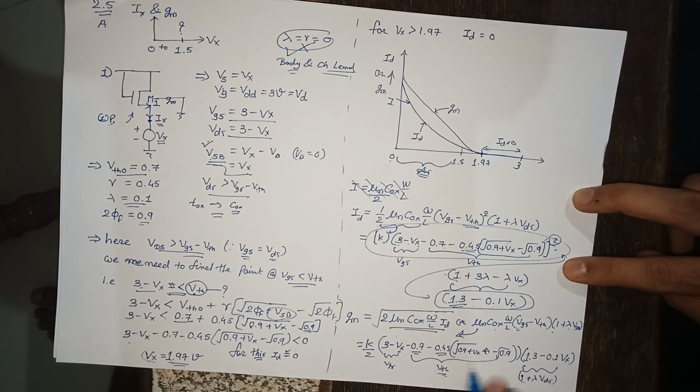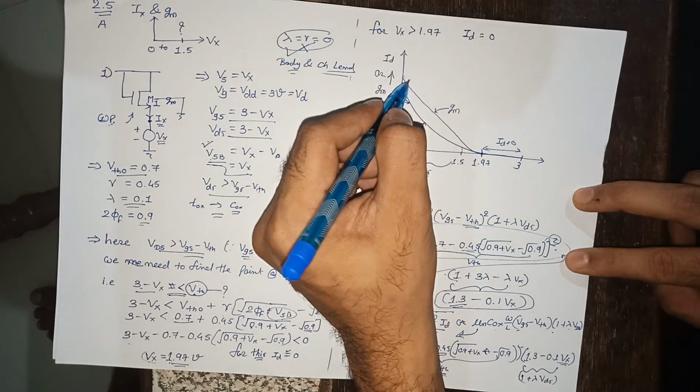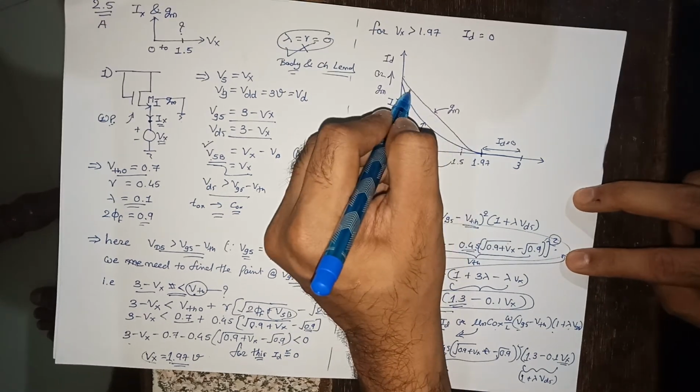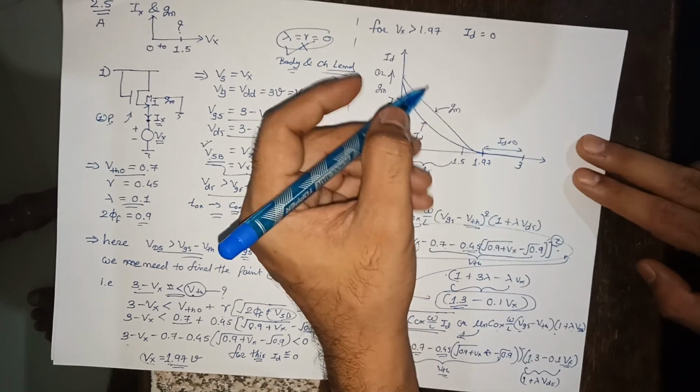If you plot this, there is no square term here, but if you simplify this equation, Vx will multiply with Vx, so some square will be there. So it will not be a completely straight line, but somewhat a curved line. If you see it as straight, just don't mind.